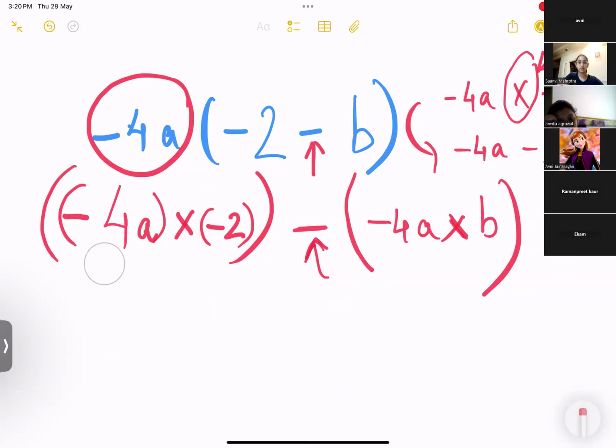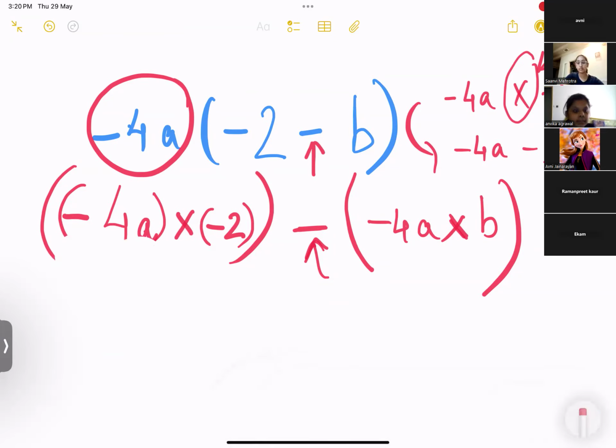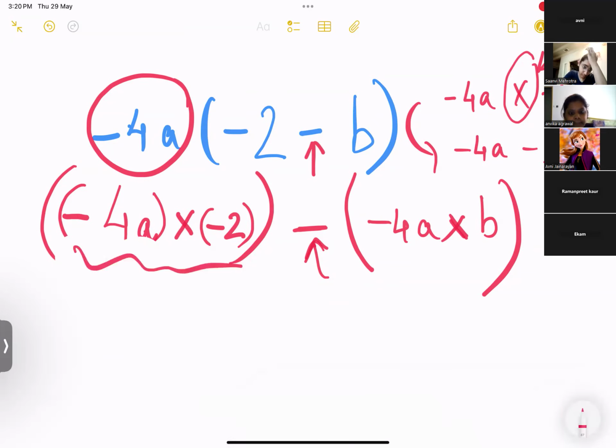Okay. So now let's solve this. Anvika, minus 4a times minus 2, what does it become? Minus minus becomes plus, 4a times 2 is 8a. Next is a minus. Now I'm going to solve this.